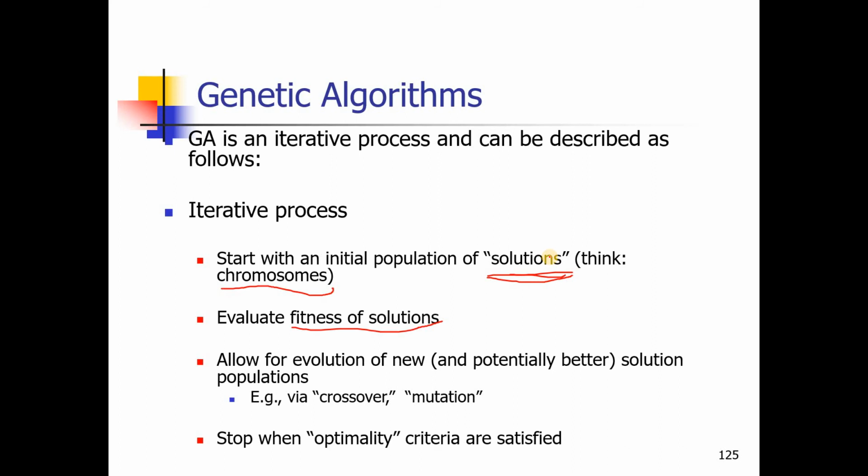In our example there were 4 chromosomes, and we evaluate the fitness of those solutions and allow them to evolve new states, which should potentially be better than the original ones. This reproduction is normally done by crossover or mutation. We only stop this whole process when some optimality criterion is met or satisfied. If it is not met, it will keep on improving.